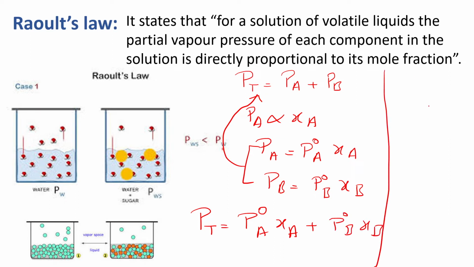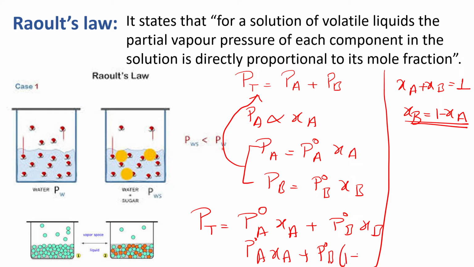Since the mole fraction XA plus XB is equal to 1, XB can be written as 1 minus XA. Substituting the value of XB, we write P naught A into XA plus P naught B into 1 minus XA.